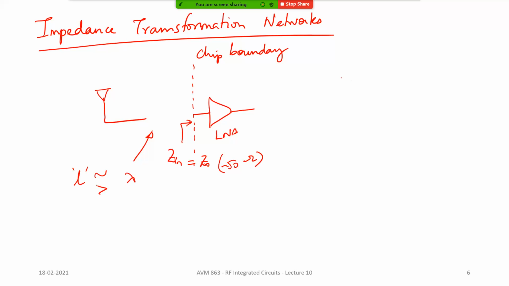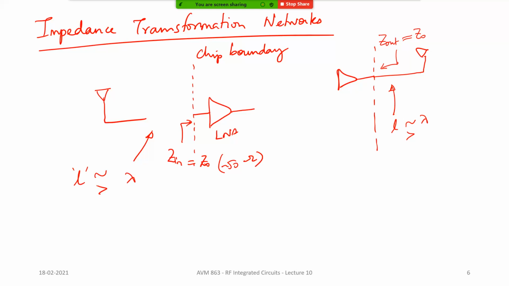Same way, let's say you have a power amplifier, and this is the chip boundary. This has to drive your antenna. The dimensions inside the chip are very, very small, as we discussed in, I think, the first class. But here again, the length is comparable to lambda or greater than lambda. So what will happen? You have to again match this output impedance to 50 ohms.